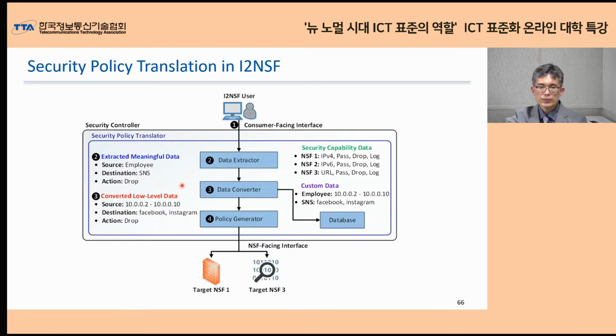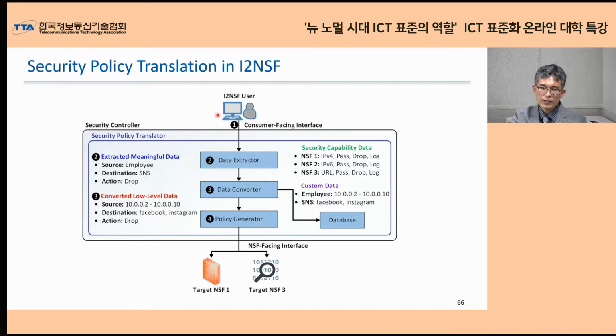This figure shows security policy translation, such as in a company, employees cannot access SNS websites. SNS websites are specified as Facebook and Instagram, and the employees' computers' IP addresses range from 10.0.0.2 to 10.0.0.10, something like that.